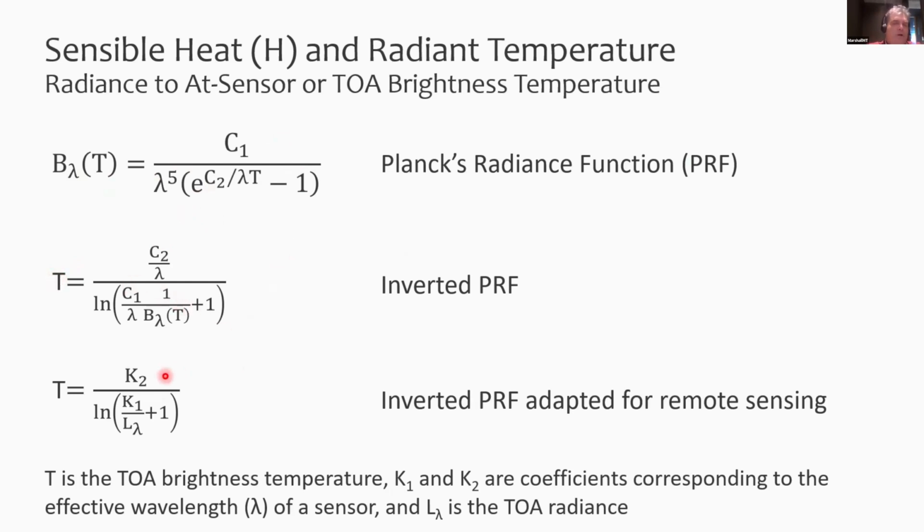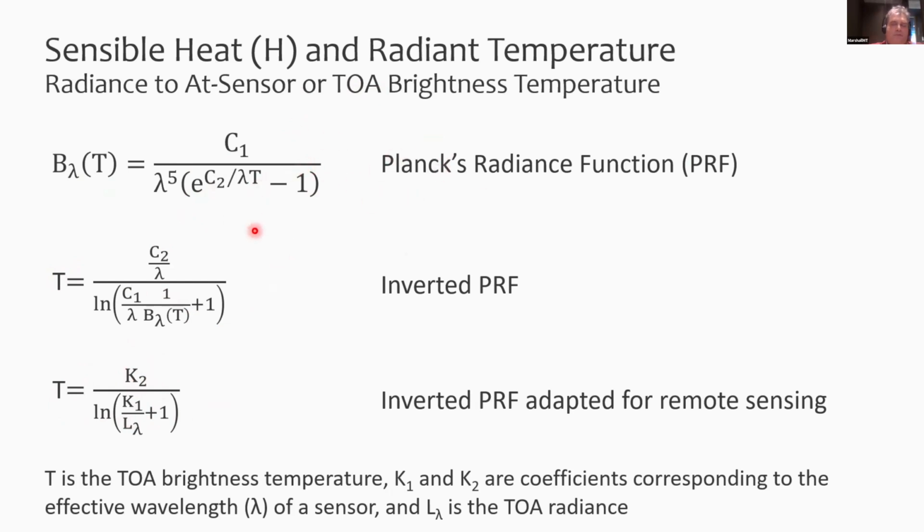With a few modifications, you have these sensor-specific coefficients, which you can retrieve from the metafiles. And this basically gives you temperature. You can use it to estimate land surface temperature or top of atmosphere temperature. So this slide shows top of atmosphere brightness temperature.